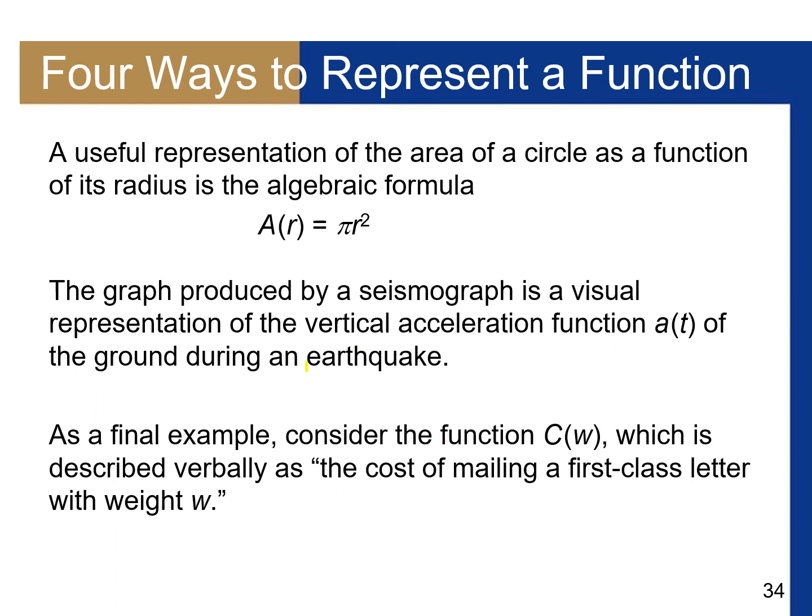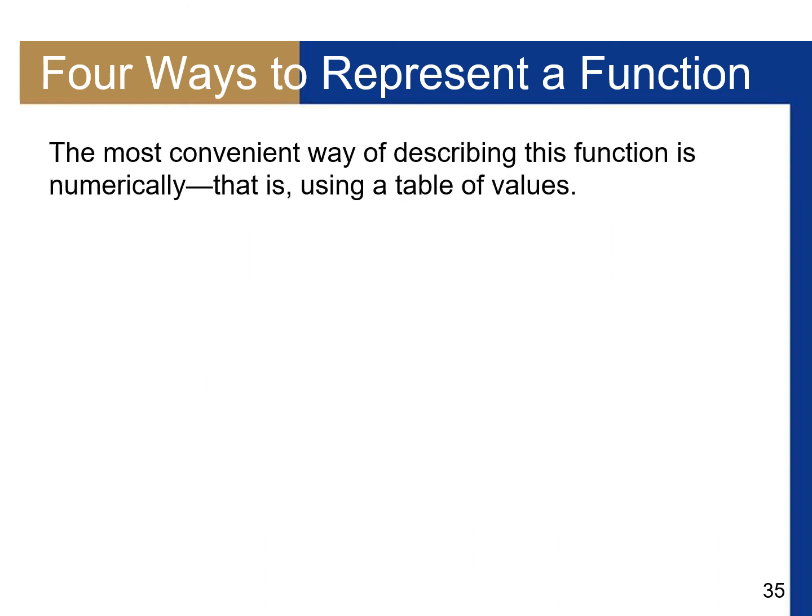So with something like that, it's easier to look at a graph. And if you have a cost function, you may benefit from looking at a table instead. So the cost of mailing a first class letter with the weight is in the table. The most convenient way of describing a function is numerically, and that's using the table values.